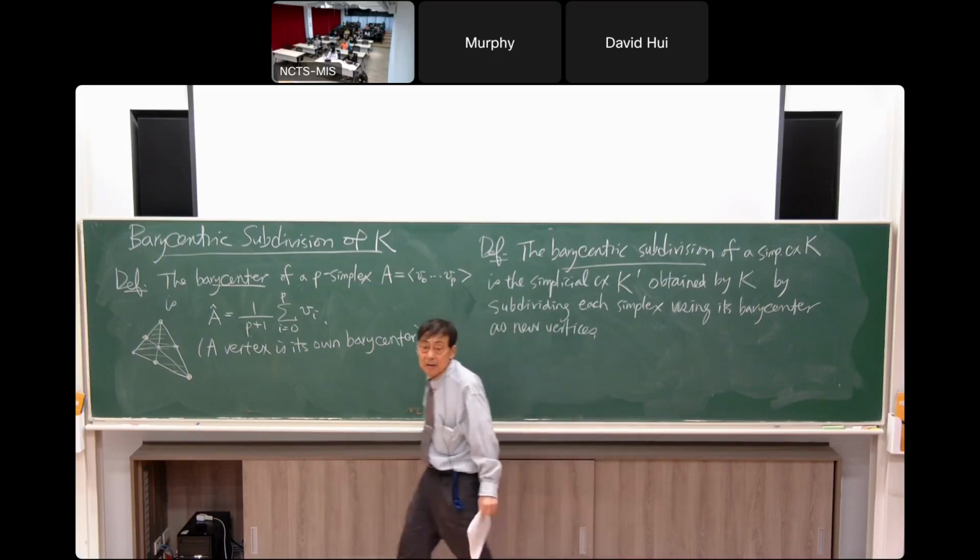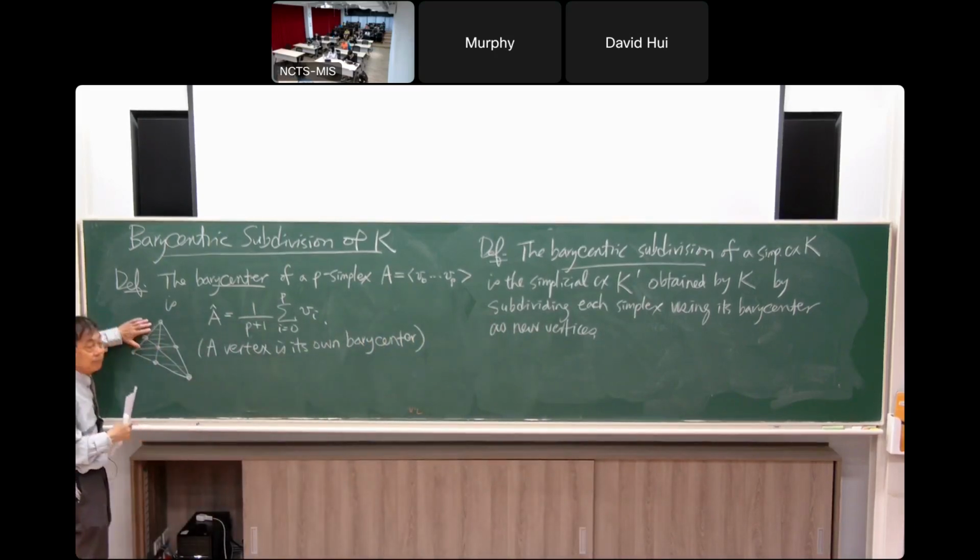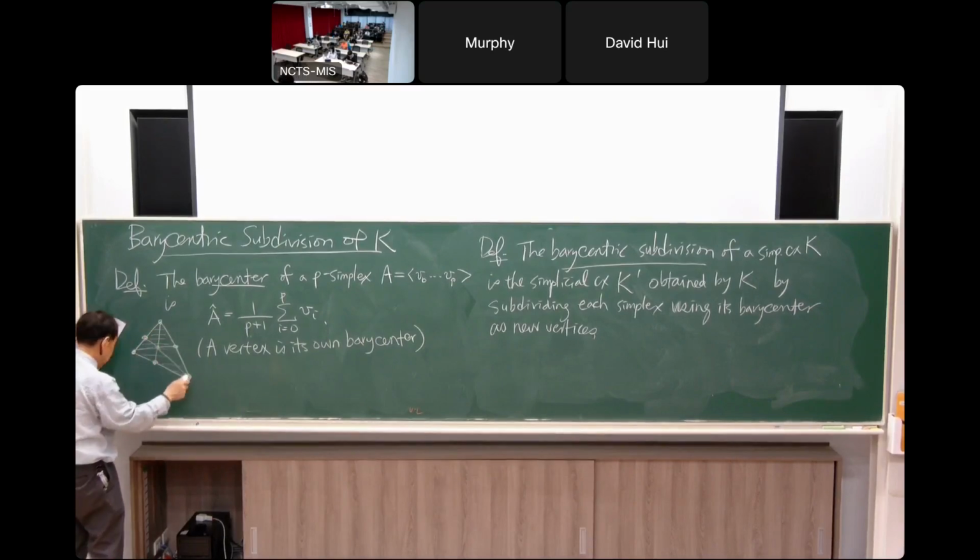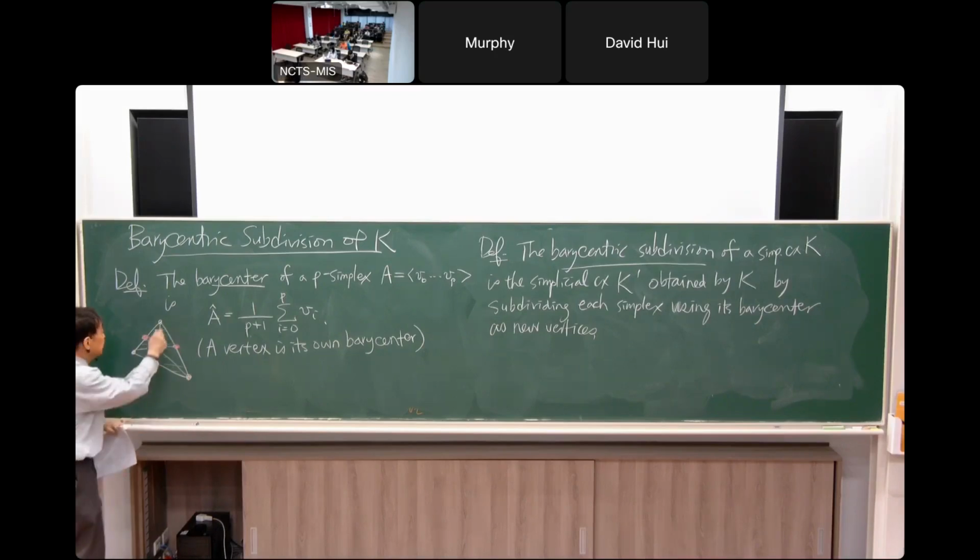Okay? So to subdivide this triangle, you first subdivide each edge using its barycenters as vertices, and then you subdivide the triangle using all the new vertices, all the barycenters as new vertices.